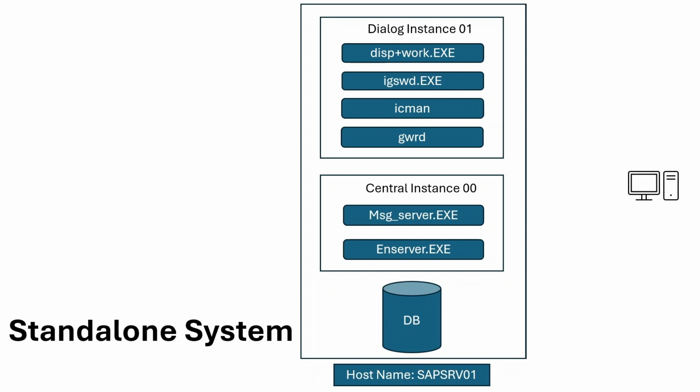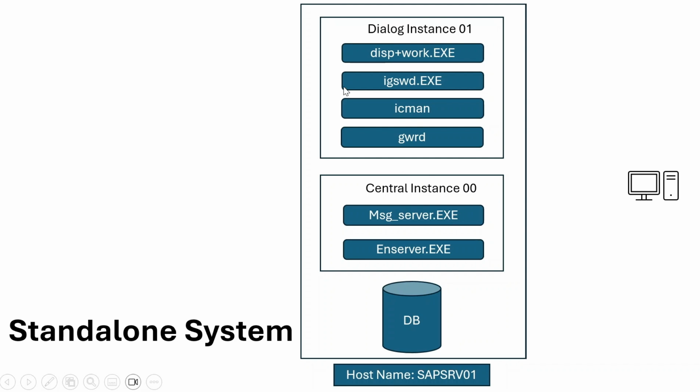Okay. Similarly, the central instance also has two important components: one is the message server, another is the enqueue server. What is the significance of it? The message server is the brain of the entire system. It keeps track of all processes and resources. How many instances do you have? You have one dialog instance, one central instance. This message server has this information, right?